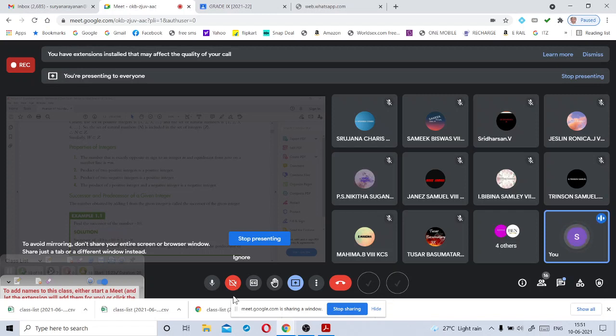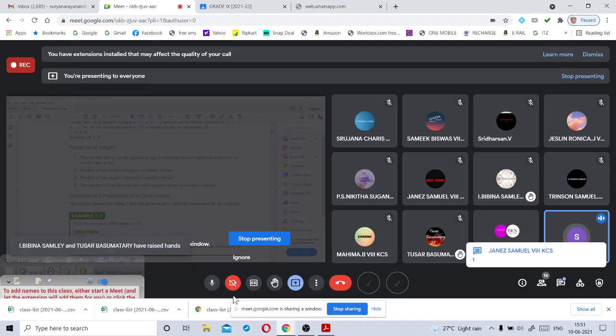What is the predecessor of 0? Can you tell me, Nikita? Predecessor of 0. What is the predecessor of 0, my dear Nikita? Again, Bibina raised her hand.